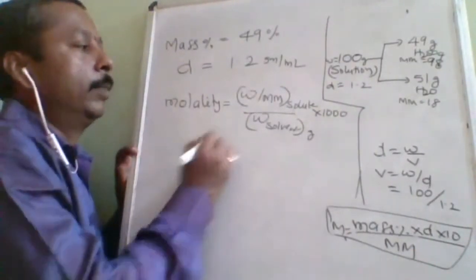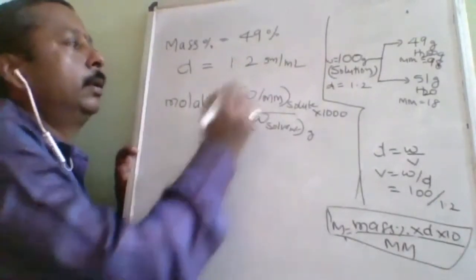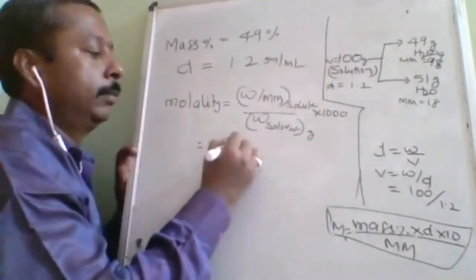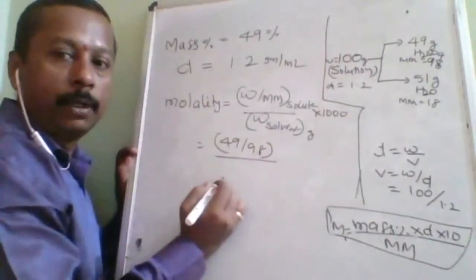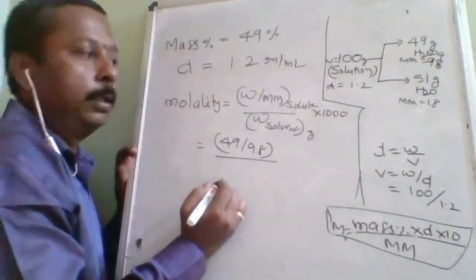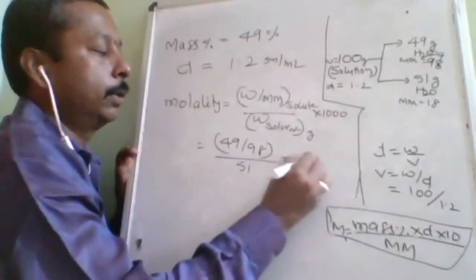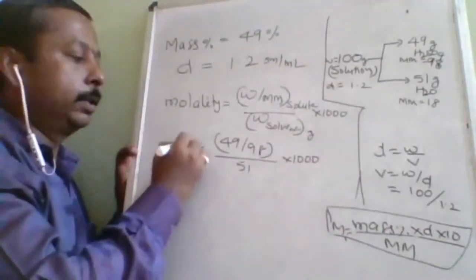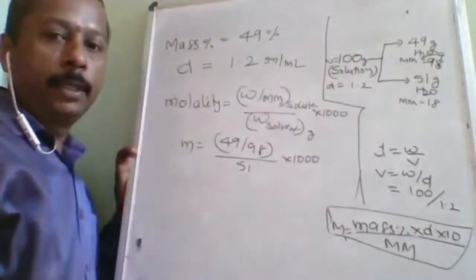Mass of solute is 49, molecular mass is 98, whole divided by mass of solvent, which is 51, into 1000. So this is the molality. I have used everything just from that table, it is sufficient.